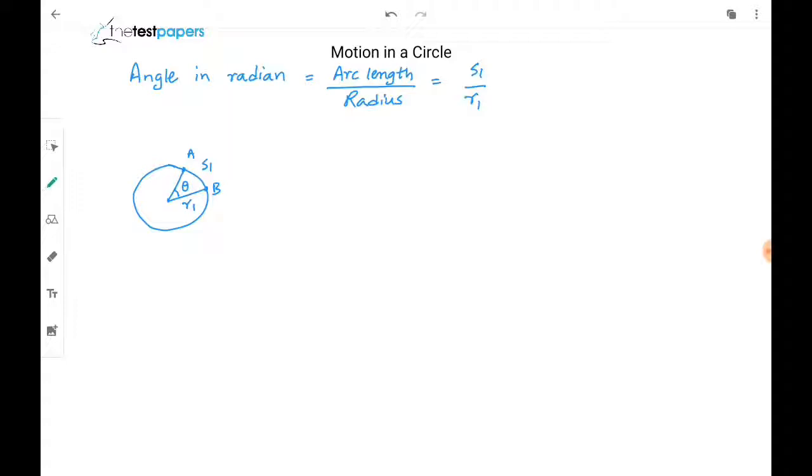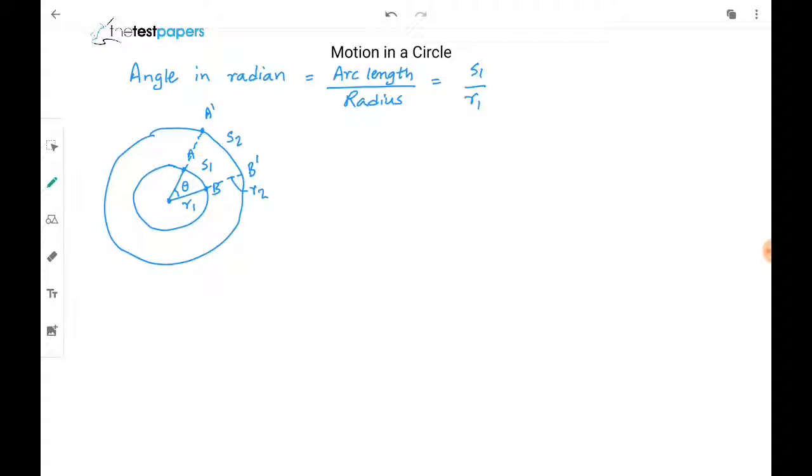Let's take another circle with the same center point but a radius of R2, and we will extend these points here to A dash and B dash, so that we have another arc of length S2 on a circle of radius R2.